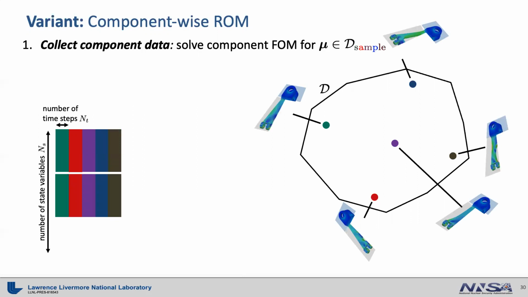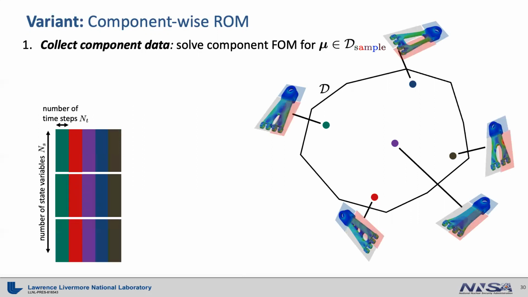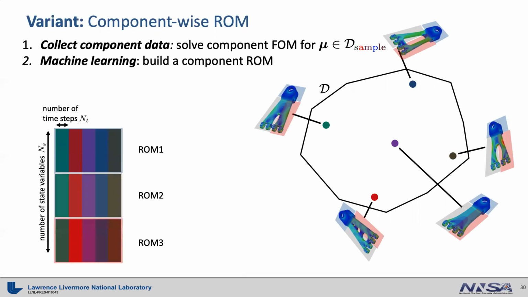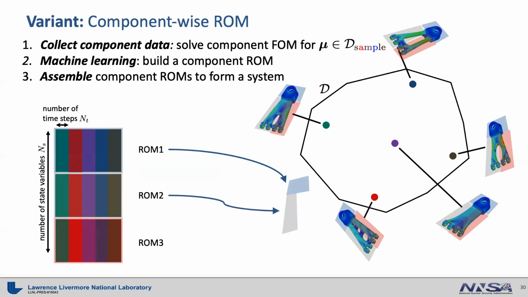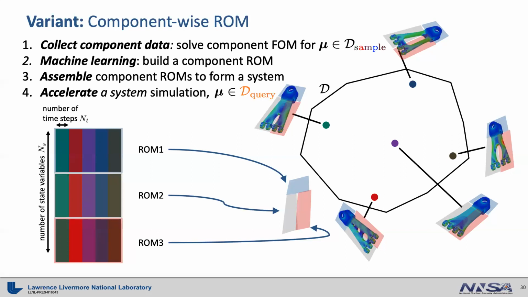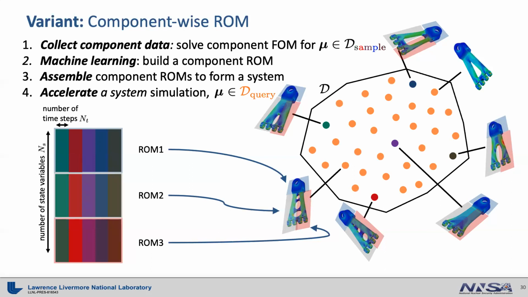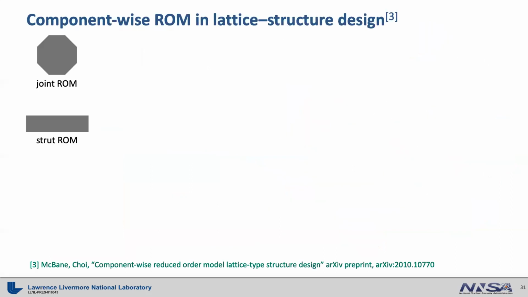Then you apply machine learning techniques for each component and build the first ROM, second ROM, and third ROM. Then assemble the component ROMs to form a system ROM using the first, second, and third reduced order models, and then accelerate and predict the solution here and there and many other points. So that's the basic idea.